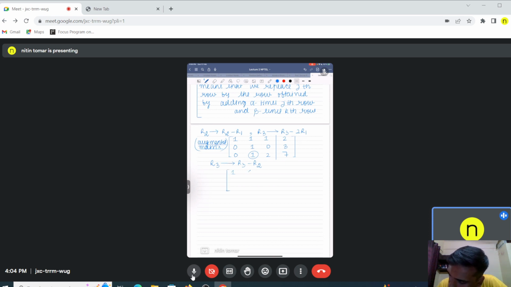And the rest of the rows will be unchanged, correct? Yes. This is the beauty of this method, that the rest of the rows will be unchanged. What method, sir? This Gaussian method. Okay. So this will be 0 and this will be 2 and this will be 4, correct? Yes.